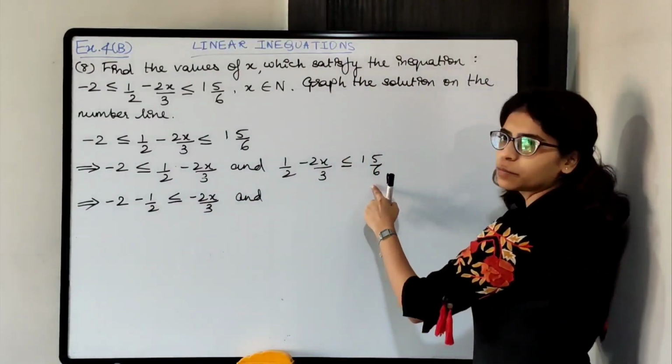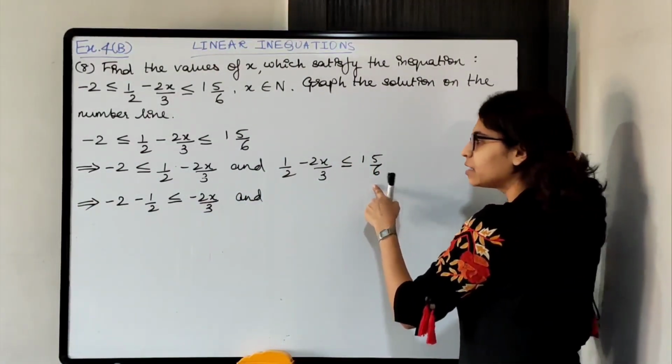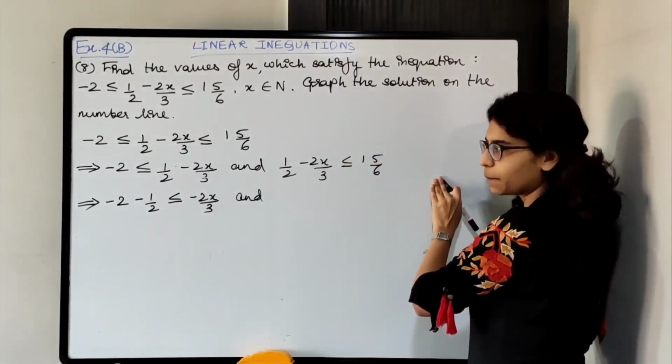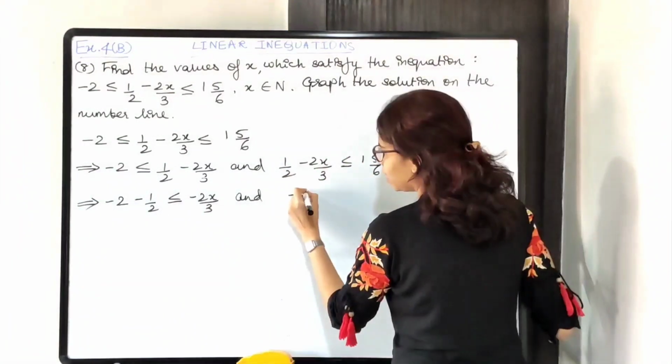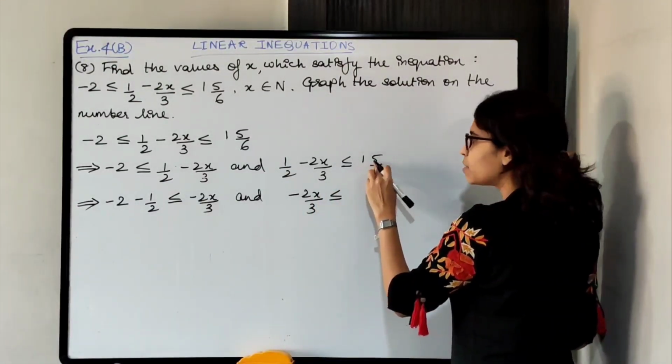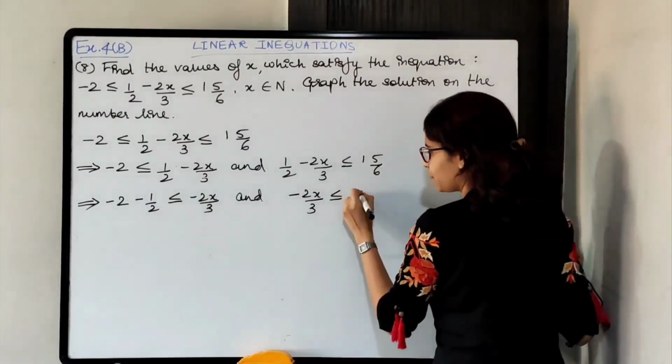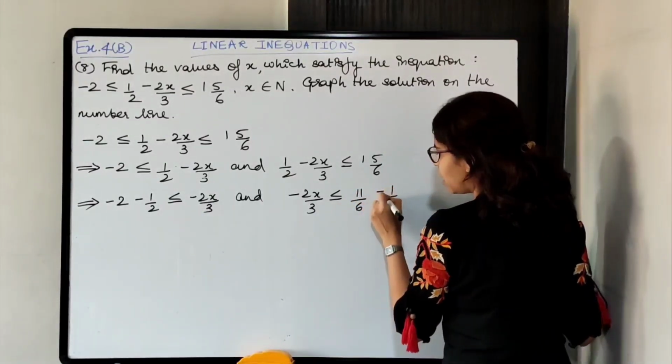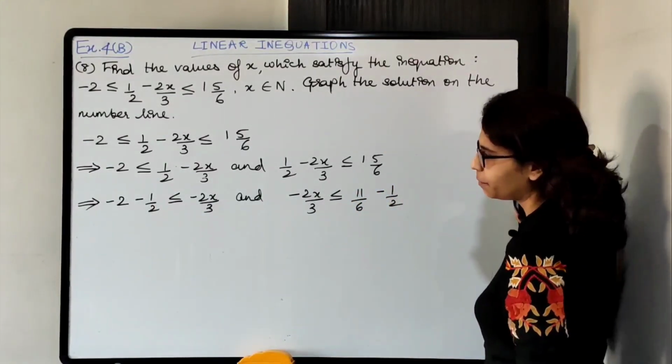Over here mixed fraction है, so वो solve करना है, and at the same time I'll shift this over here. Shifting number on the other side and x term as it is. 6 ones are 6, 6 plus 5 is 11, 11 by 6 minus half हो जाएगा, shifting on the other side.